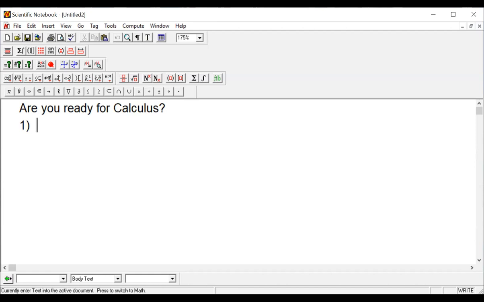It says, if x is any real number, then the square root of x squared is equal to x. We covered this a long time ago, didn't we?